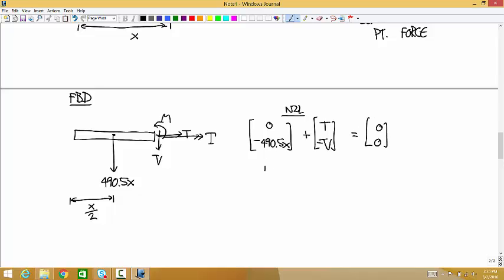And so that tells us that P is equal to 0 the whole way. But V, now this is the first time we've seen this. Is it? No, we saw it also with the triangular loads. V is equal to negative 490.5x.